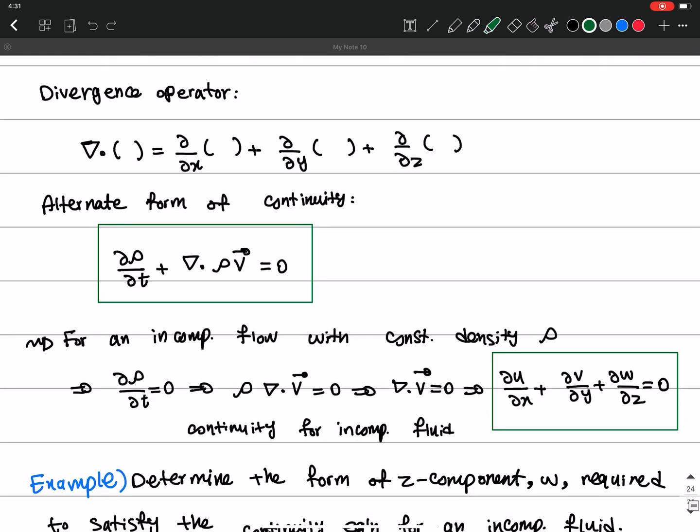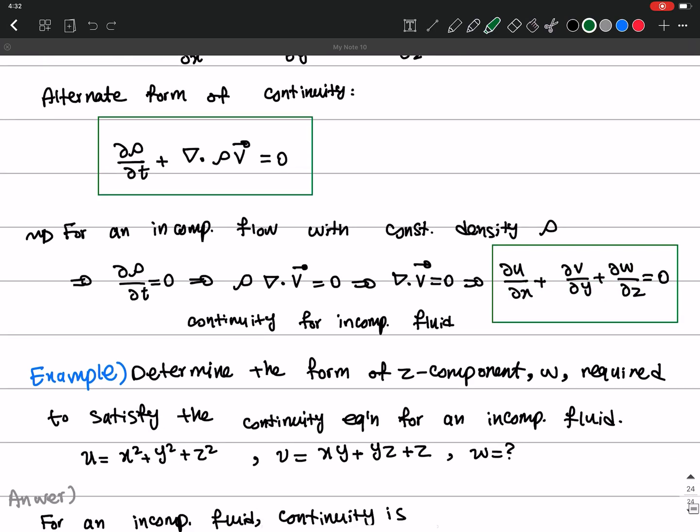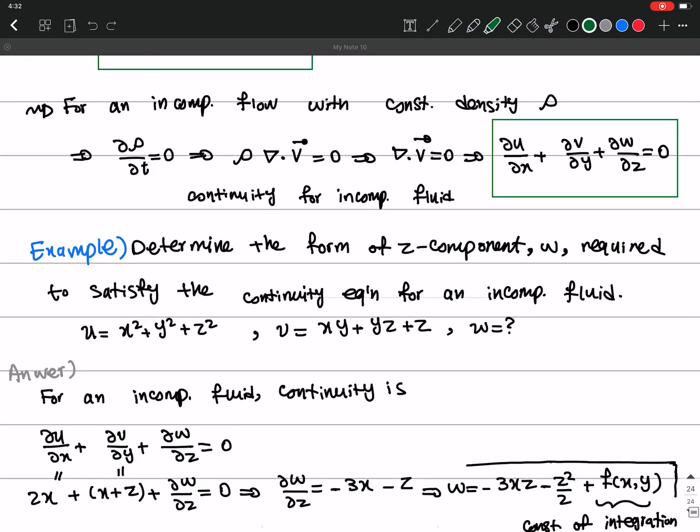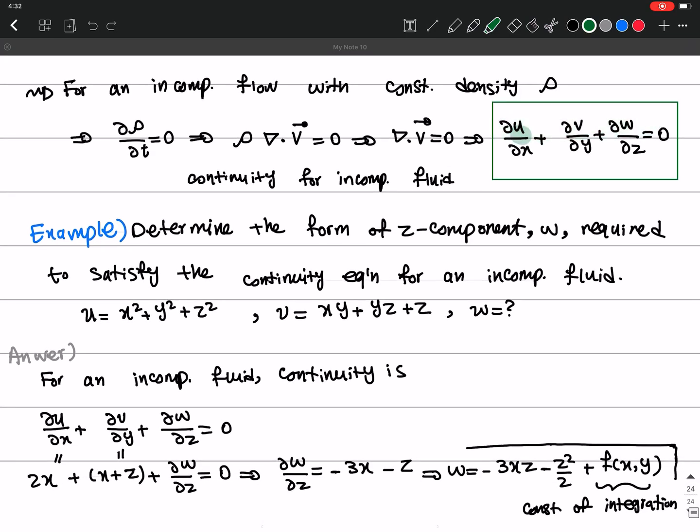For an incompressible flow, the continuity equation in differential form reduces to this form, as you see here. After that, I solved an example where we use this important formula to find one component of the velocity such that it satisfies the continuity equation in differential form.